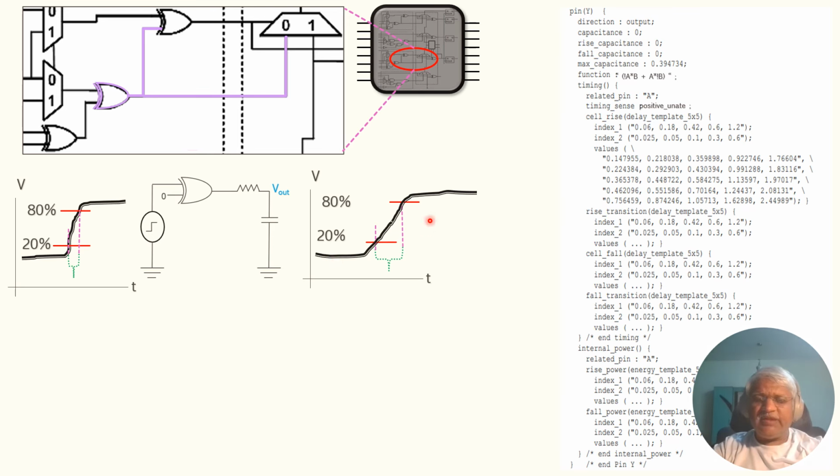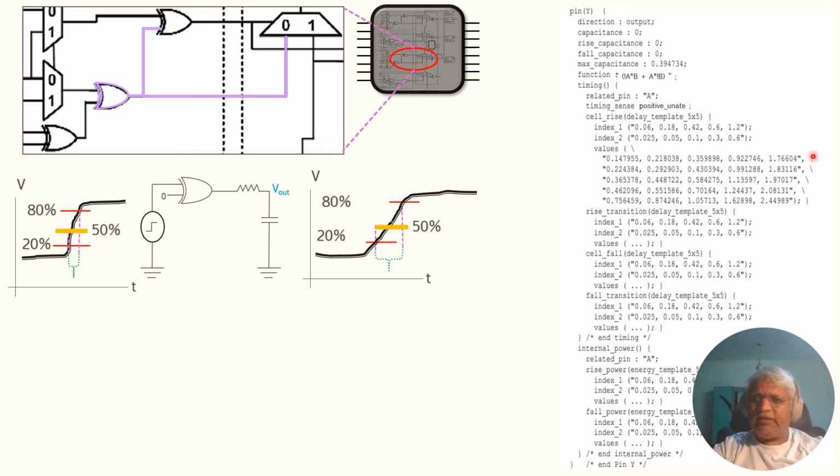The rise delay is basically measured from 50% of the input to 50% of the output. What is the difference time-wise? That time will be mentioned here. That means in the case of the first value of index 1 and the first output capacitance value, you figure out the 50% point, and the delay value is represented by the first value.